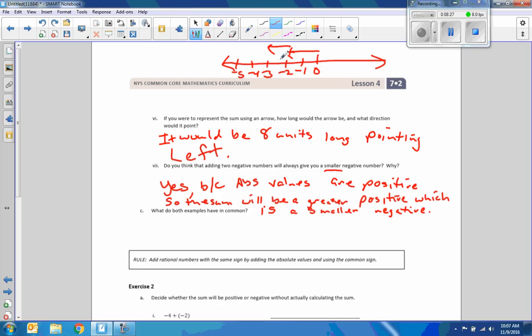The further we get from 0 on the right, the bigger the number gets. If I'm at 10 and I go negative 10, that's getting smaller, so it's a smaller negative. Bigger positive, smaller negative as the numbers get larger.